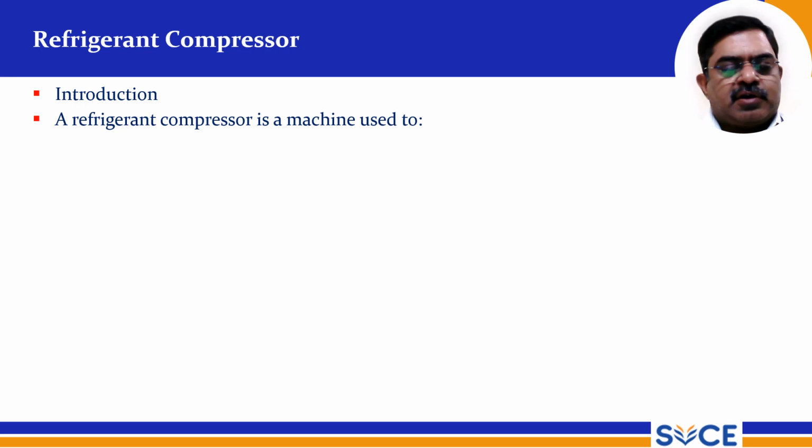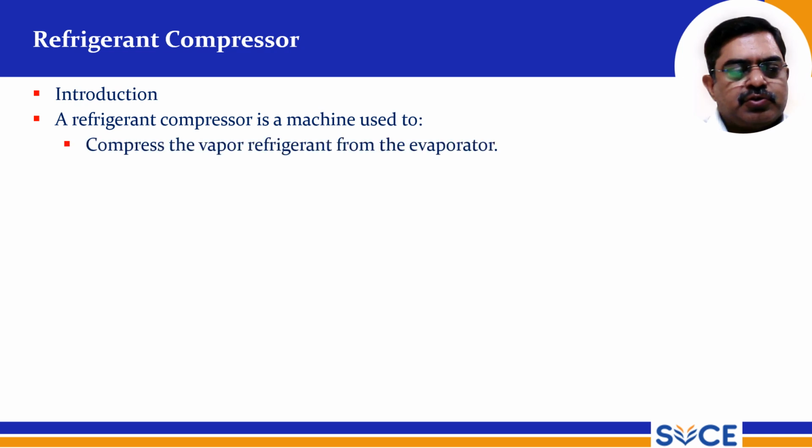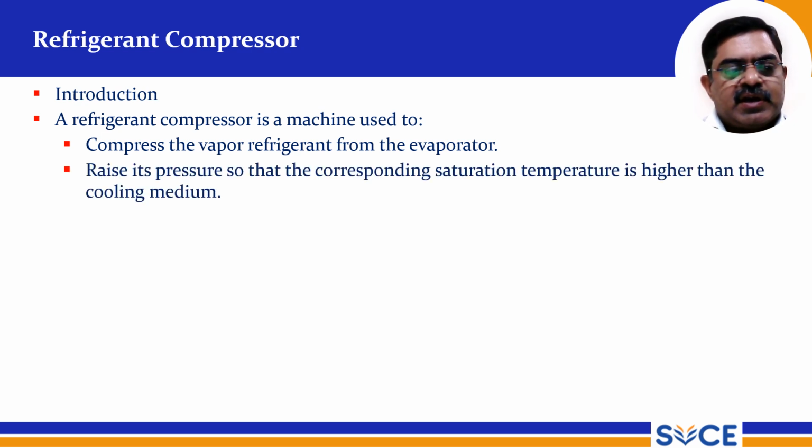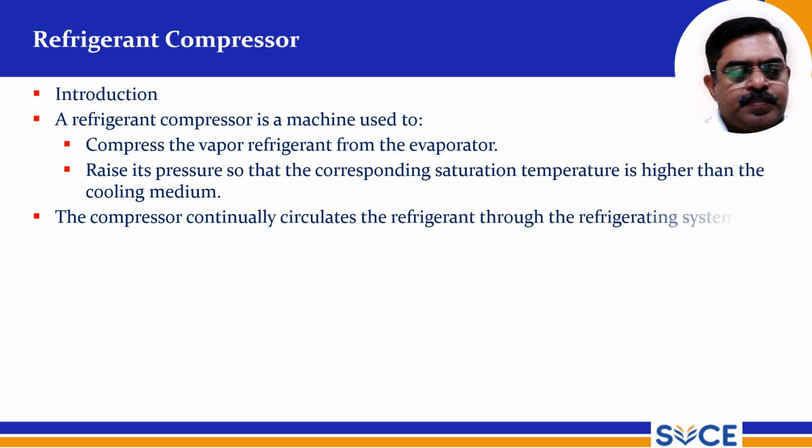As an introduction, a refrigerant compressor is a machine used to compress the vapor refrigerant from the evaporator. The vapor refrigerant from the evaporator is compressed here in the compressor. It raises its pressure so that the corresponding saturation temperature is higher than the cooling medium.